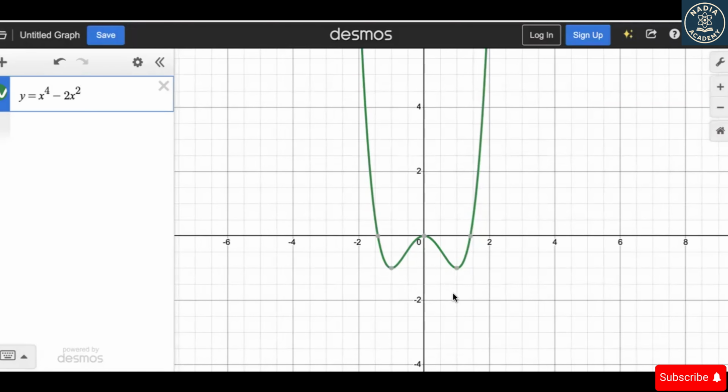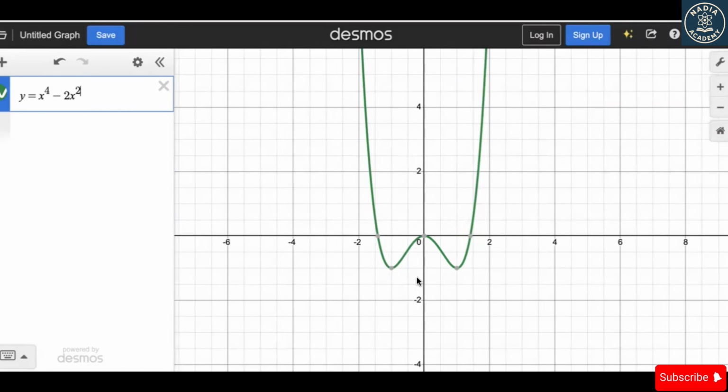Here you can see some very important information about this graph. On this software, you can also get easy information about the turning points and the points where the graph crosses the x-axis and y-axis. The x-axis crossings mean the roots.